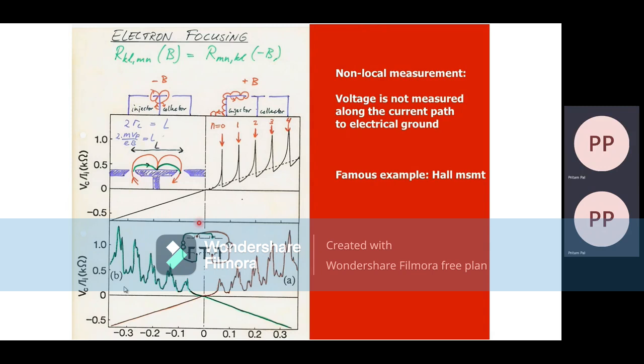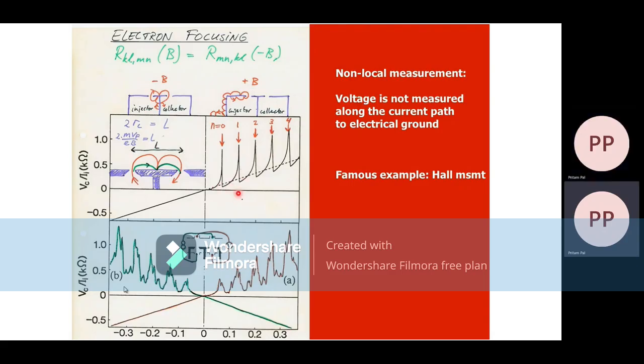In this non-local measurement geometry, we can observe a very interesting effect called electron focusing that I told you about, which occurs when a magnetic field is applied perpendicular to the plane of the drawing, to the sample.